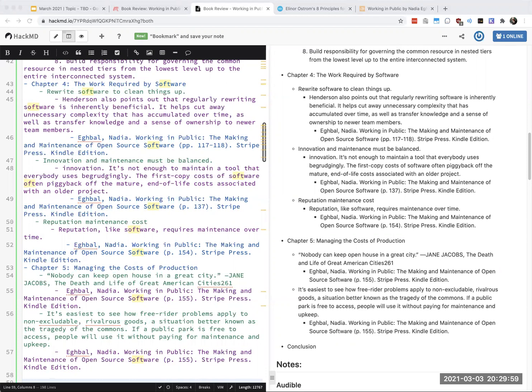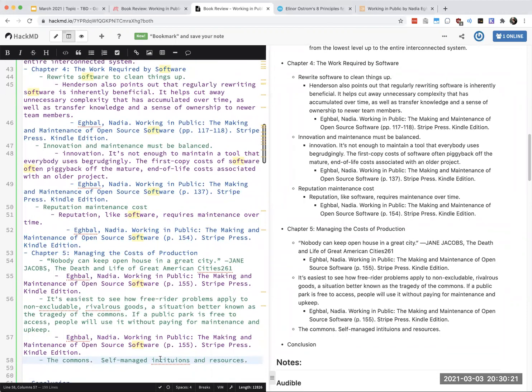So that's where Eleanor Ostrom's writings have really started to be beneficial. Self-managed institutions, I'll just put that in. That's where these are important, self-managed institutions and resources, so you want to be able to do that.